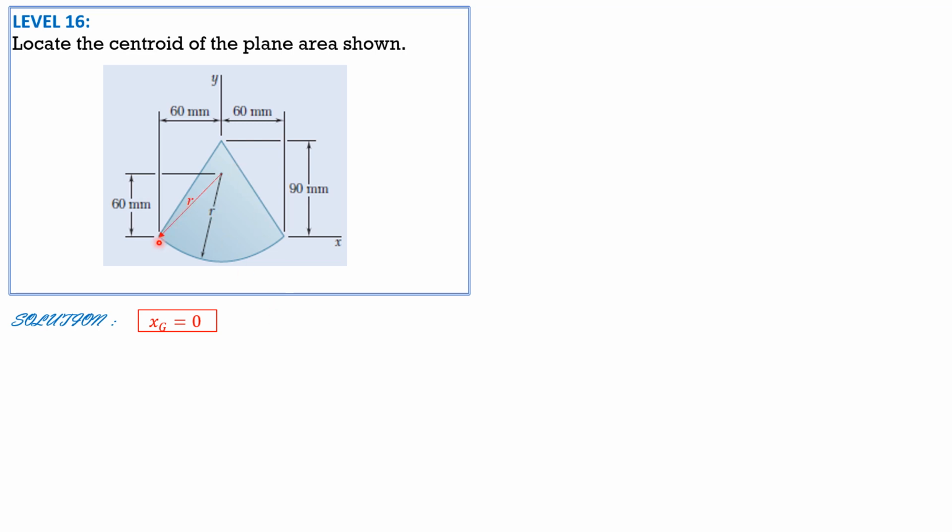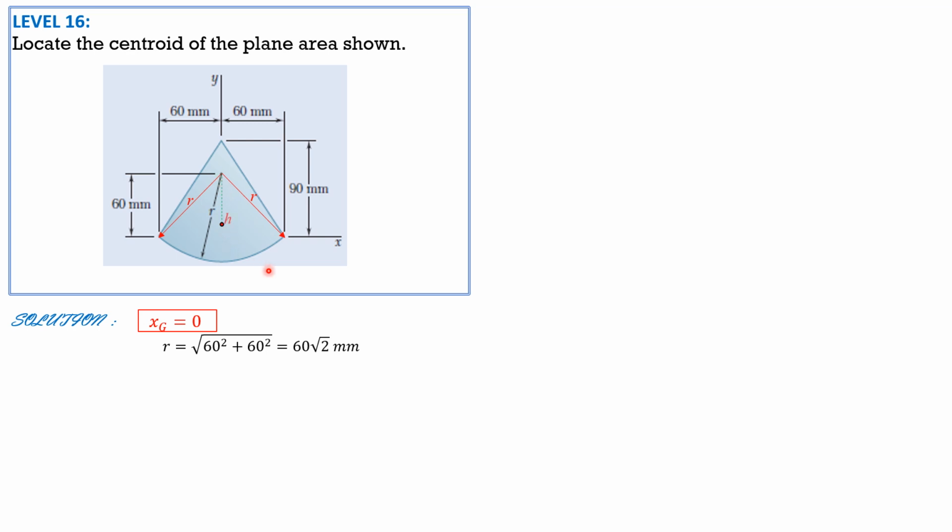So this is R, and R is square root of 60 squared plus 60 squared, which is equal to 60 square root of 2 mm. That's also R. Then this is the centroid of this sector.